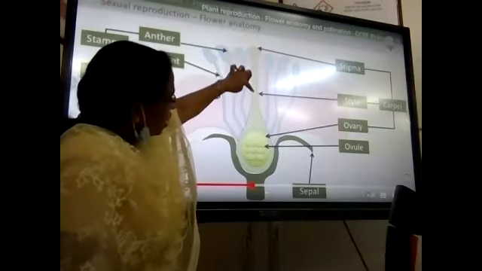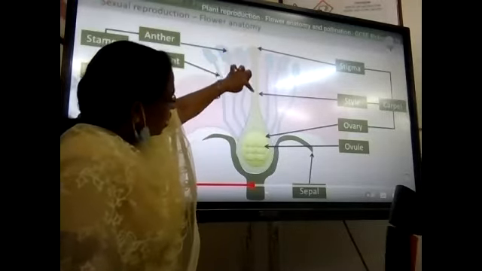Got it? Yes. So if both of them have to join, first the pollen has to fall on here. Is it? Yes. That is known as pollination. Pollination means falling of pollen from the anther onto the stigma.